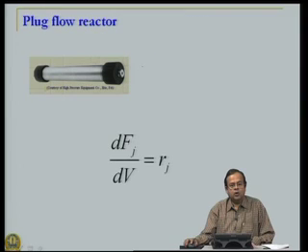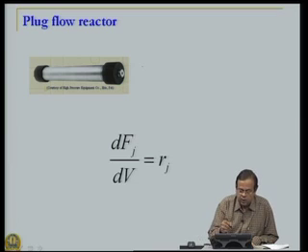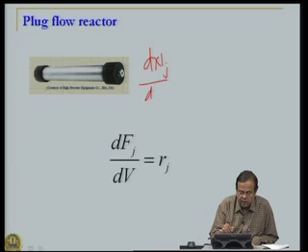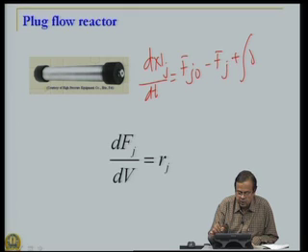What happens for a plug flow reactor? There are various ways of looking at it, but let us go back to our generalized mass balance equation, dnj dt as Fj0 minus Fj plus integral Rj dV.